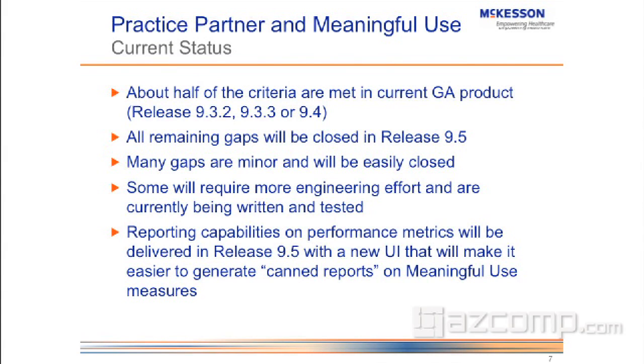Some of the other things may require just a little bit of engineering effort on our part to get those things fine-tuned when we go through the certification process. And then the last thing is that there's going to be reporting capabilities to get the information that you're capturing in your system out of there. So we're going to be talking about that too, on how you can do those reporting things.